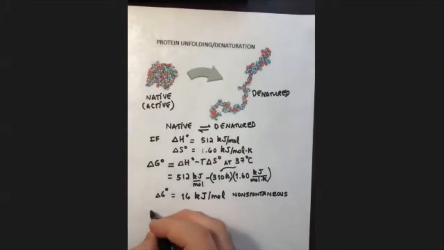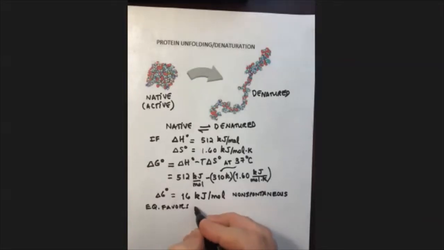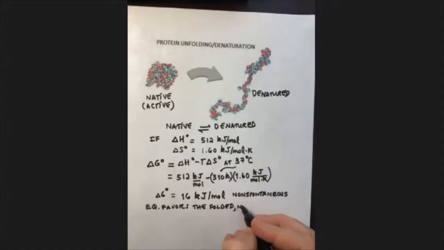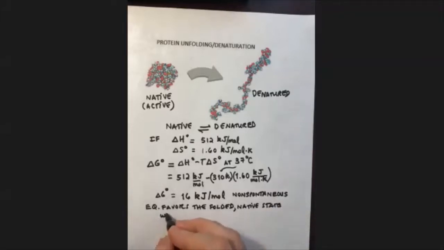In other words, the equilibrium favors the folded native state, which has less entropy.